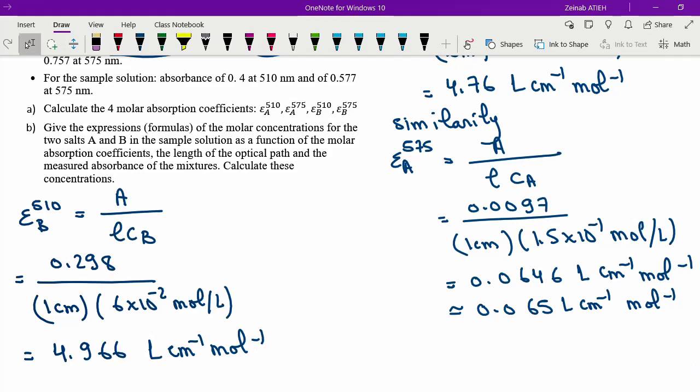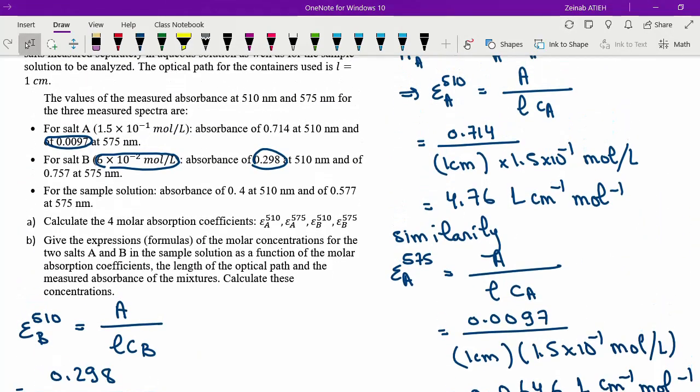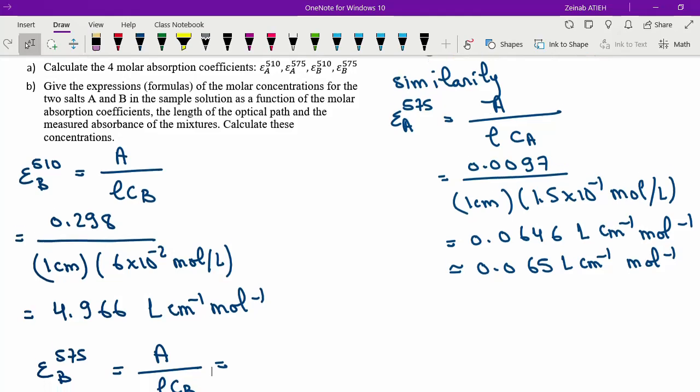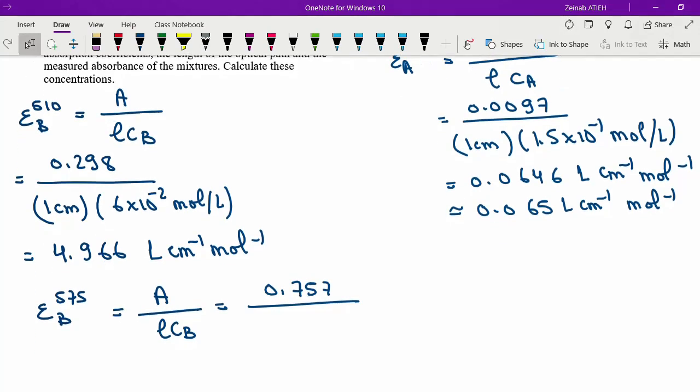The last one is the molar absorption coefficient at 575 for salt B. Epsilon at 575 is equal to A over L times the concentration of B. A is how much? Let's look at the given. Again, it's 0.757 divided by L, which is 1 centimeter.